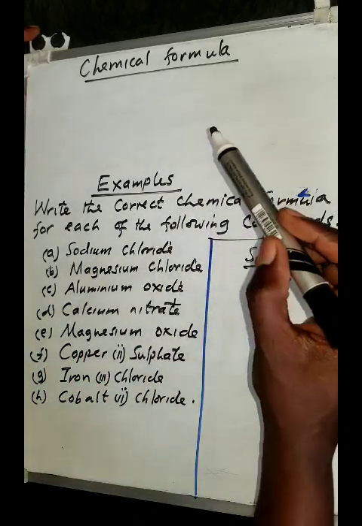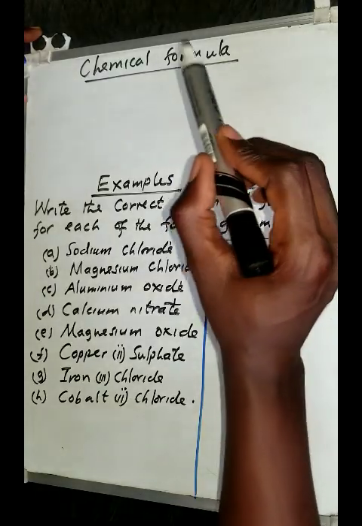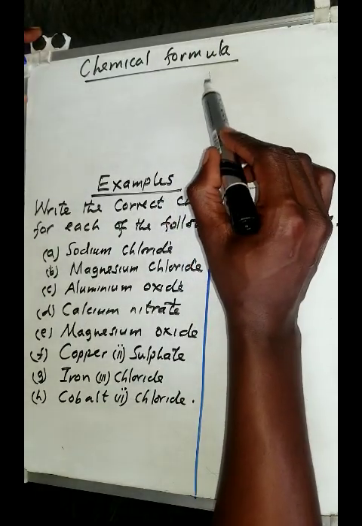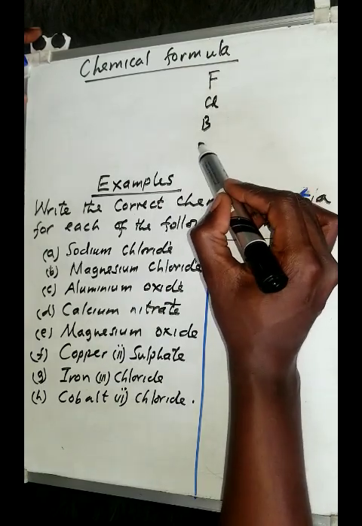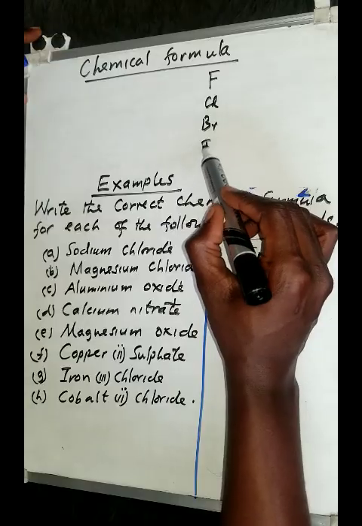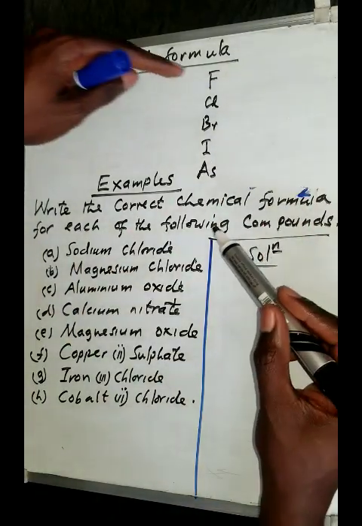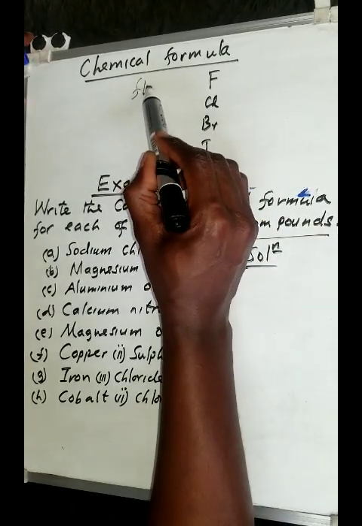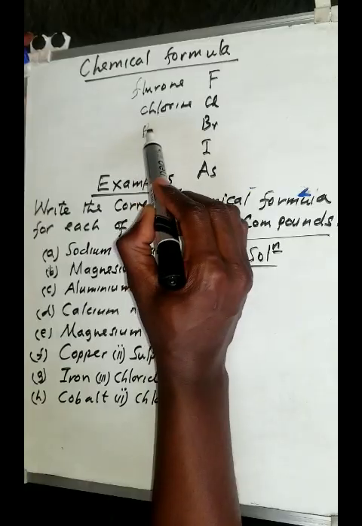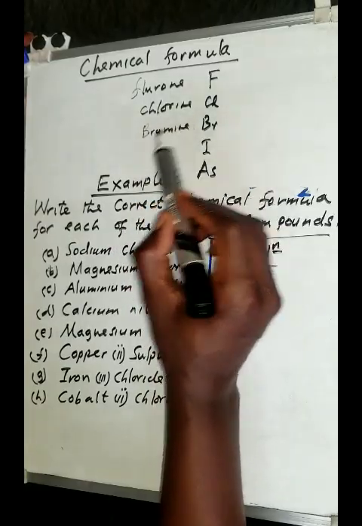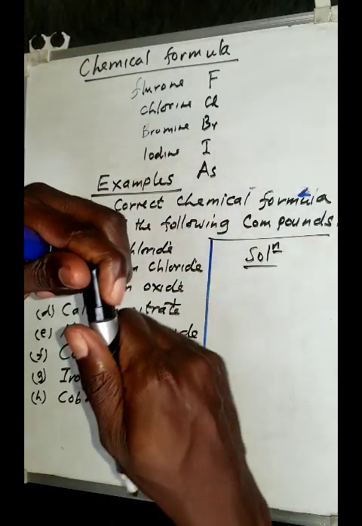Now I want to tell you certain things. For example, if you go to group 7 of the periodic table, you are going to find elements like fluorine, chlorine, bromine, iodine and astatine.